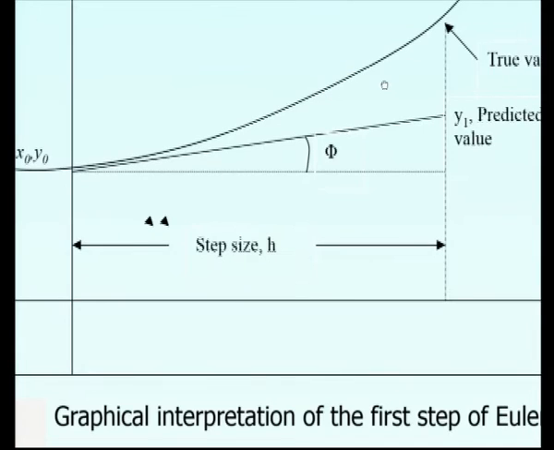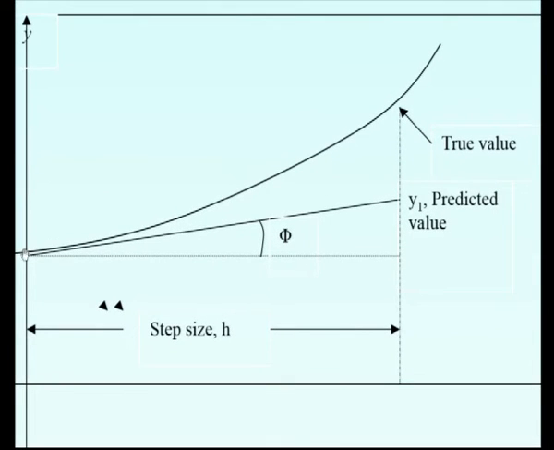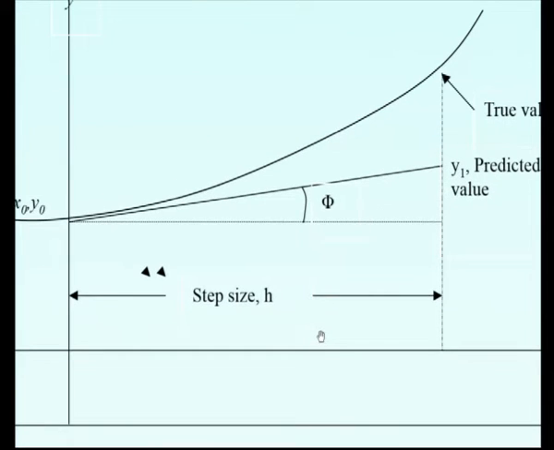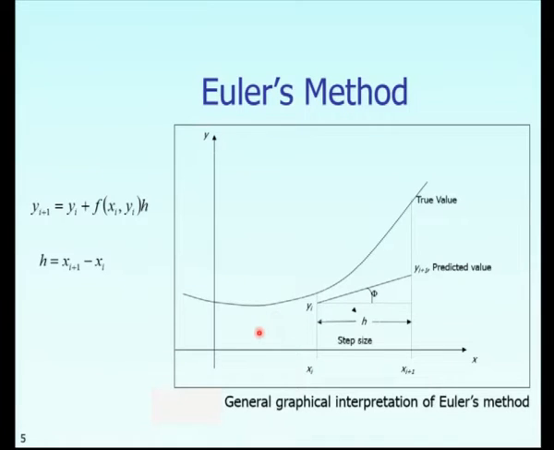At the initial point we draw the tangent, and where it meets the vertical line x equal to x 1, that is the approximate value obtained by this method. Once again, it is repeated.